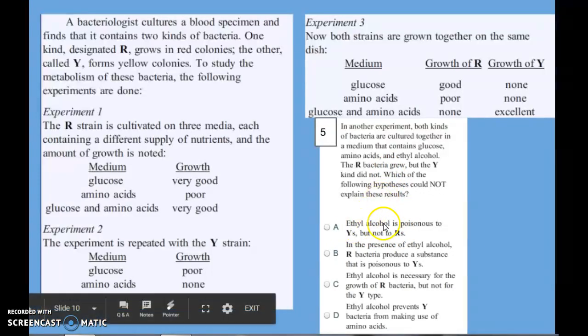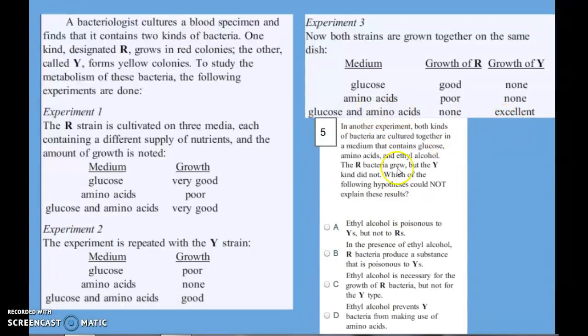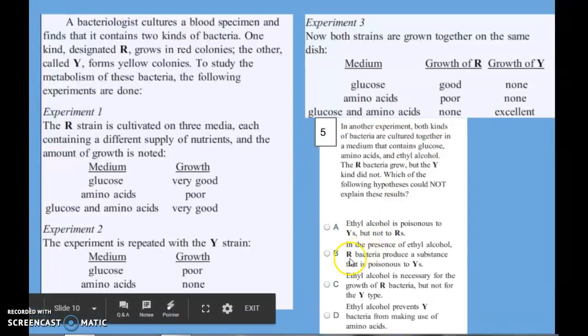If it was poisonous, it would kill off Y, but R would still be able to grow because it has glucose and amino acids that it needs to grow, and it just wouldn't deal with the ethyl alcohol. So that makes plenty of sense. B, in the presence of ethyl alcohol, R bacteria produces a substance that is poisonous to Y. That also makes sense.